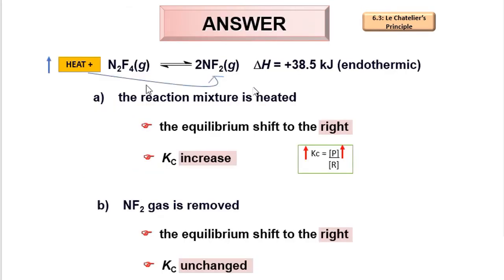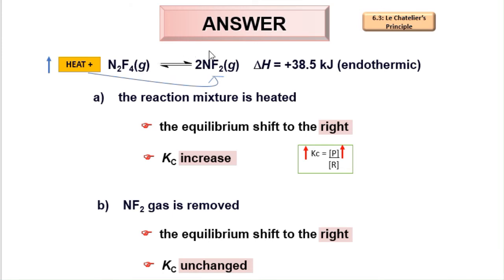Next, when the reaction mixture is heated, for this case, this is endothermic. So when the reaction is heated, the equilibrium will shift to the right. Why? When temperature is increased, the endothermic reaction is favorable, so the forward reaction is favorable.